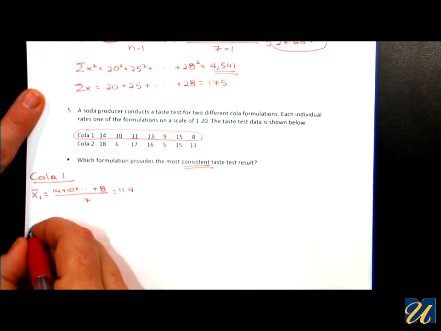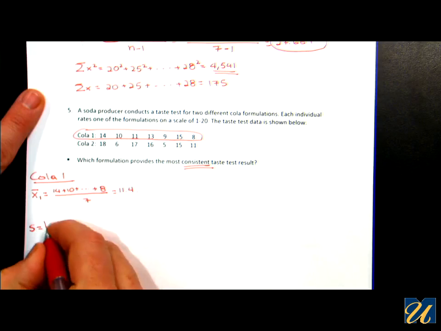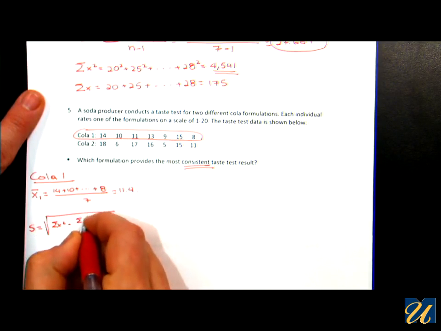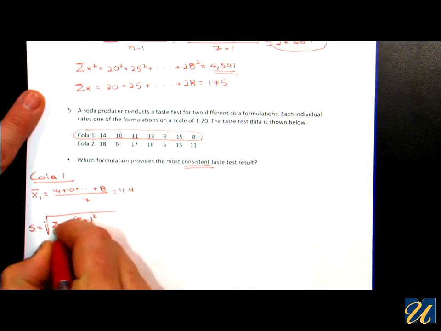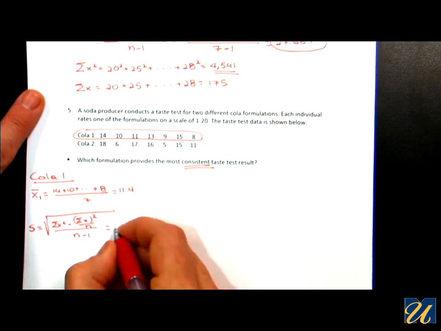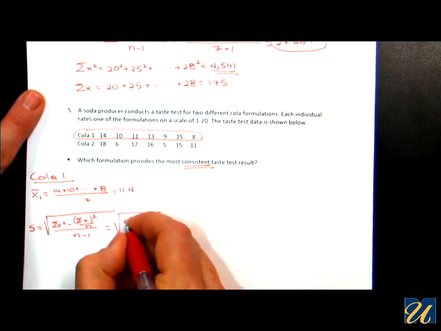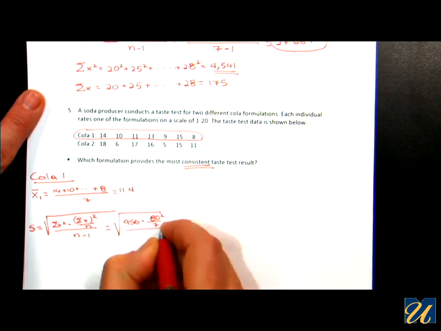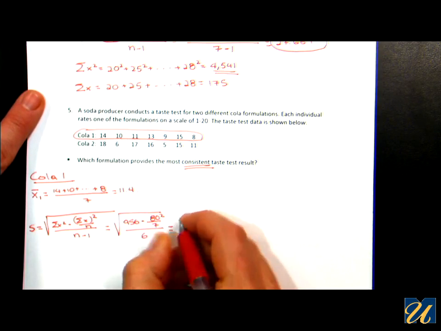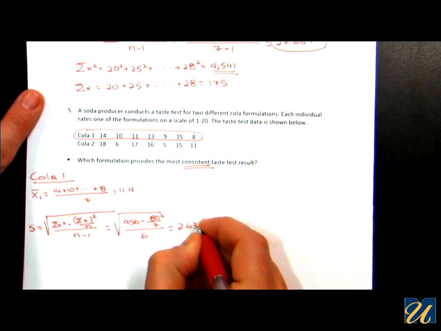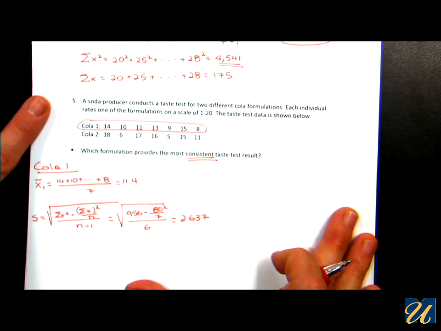To find the standard deviation, I will need to take the square root of the sum of the squared entries minus the sum of entries squared over n, and all of that over n minus 1, which will be 956 minus 80 squared over 7, and all of this over 6. If we do our calculations, the standard deviation for the first data set will be 2.637. I'm rounding to 3 decimals.